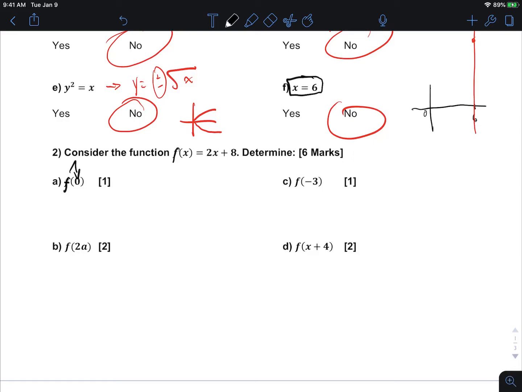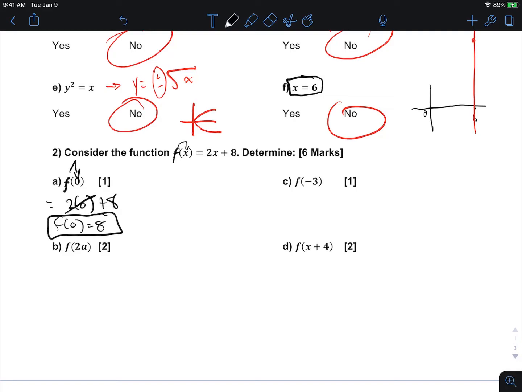So here's my function f of x. When x is 0, I'm going to replace it with 0. I'm going to get an answer. So I'm going to input something, and I'm going to get an output, right? So for this one, when x equals 0, I get 2 times 0 plus 8. Well, 2 times 0 is 0, so my f at 0 is going to equal 8.